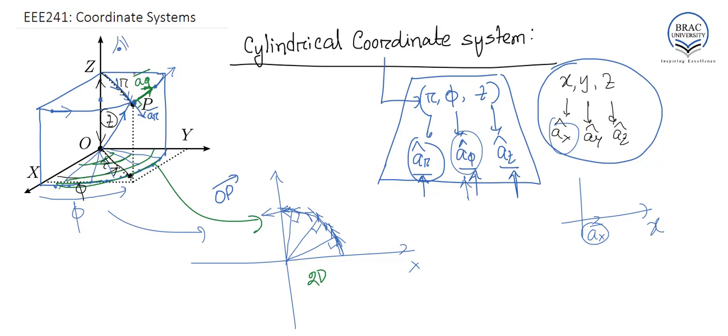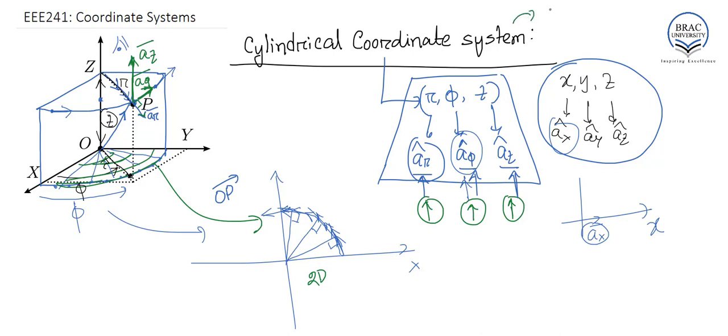The direction of AZ will be parallel to the z-axis. So extending the concept of polar coordinates to 3D space, we're getting three orthogonal vectors, as in the Cartesian system. These are the three unit vectors that we'll be working with in the cylindrical coordinate system.